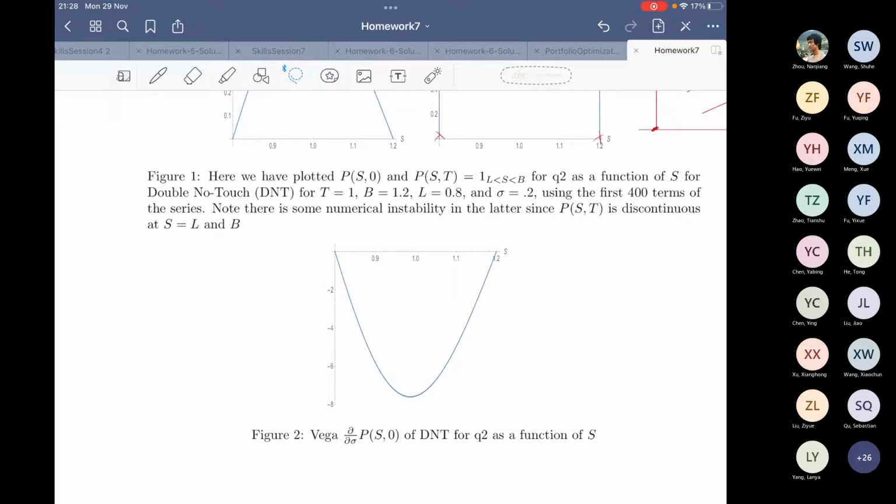So if sigma suddenly increases for some reason, even though technically under the Black-Scholes model sigma is not allowed to change, we can still talk about the change in the option price if sigma were to change, or had been previously miscalculated or misestimated. So yes, if you've bought a double knock-out, you really don't want volatility.